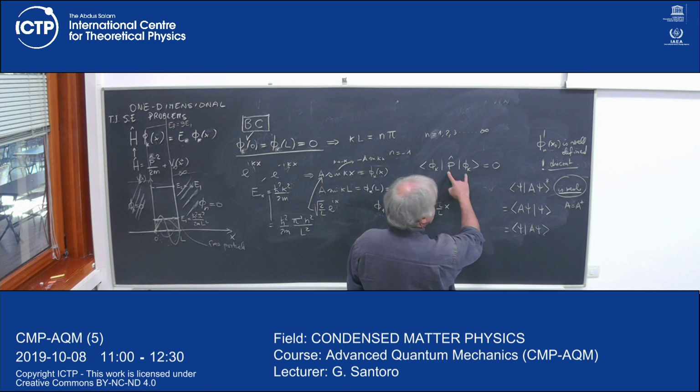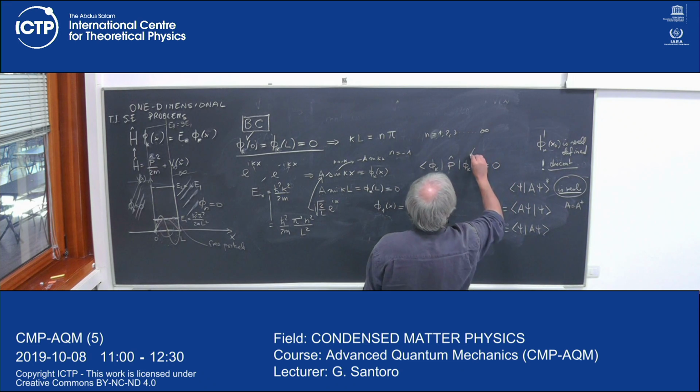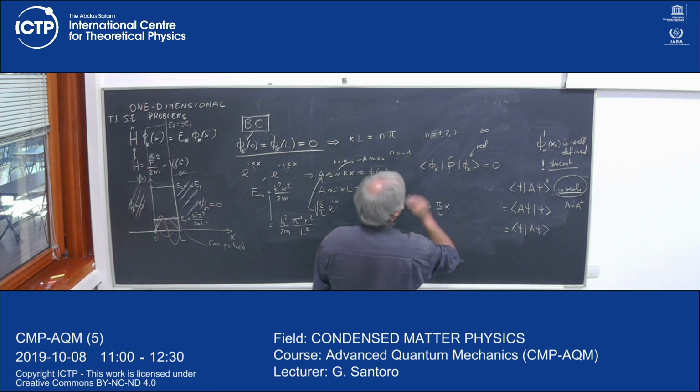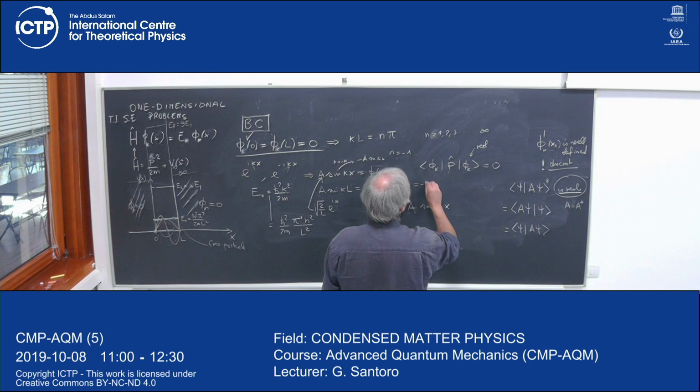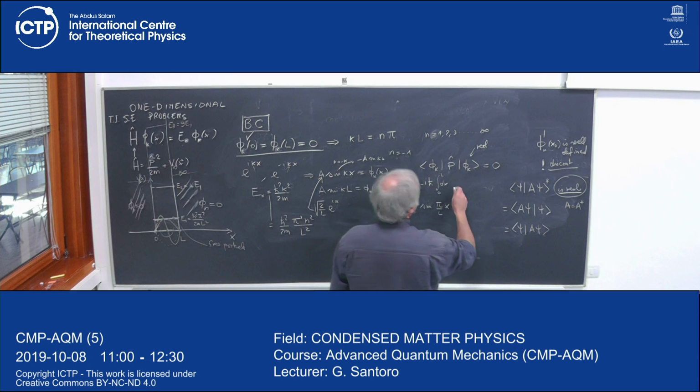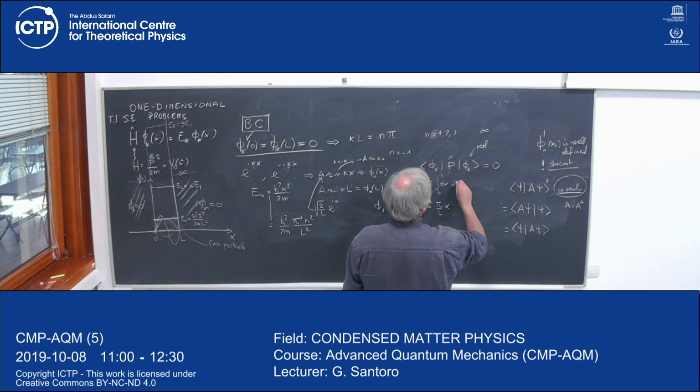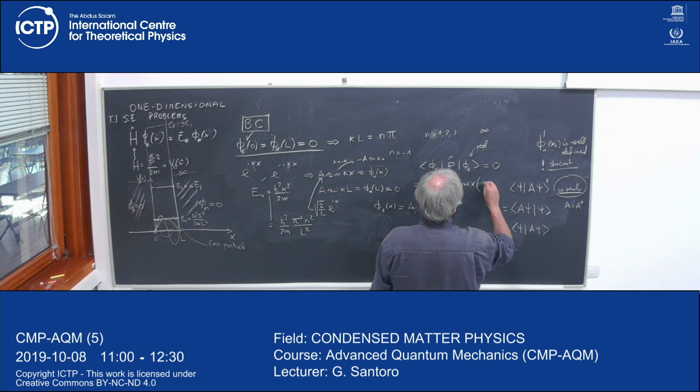So, this is Hermitian, exactly the same thing. So this should be real. On the other hand, if you write it, this is equal to minus i h bar, the integral from 0 to L in dx of, say, A star sine of kx, then I take the derivative of A sine of kx.